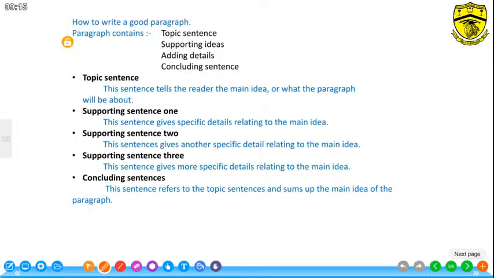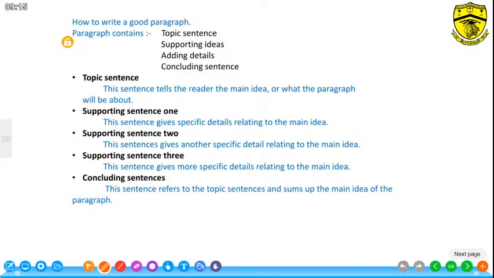What is a topic sentence? We already learned that this sentence tells the reader the main idea, or what the paragraph will be about. That is the topic sentence we discussed earlier: Lavina is an excellent student.